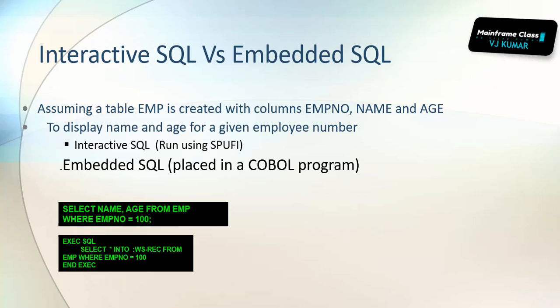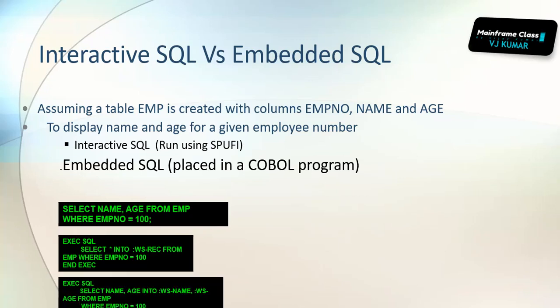WS-RECORD can be a big structure holding the name and age, or maybe several different fields. If you want exactly the same details, you can say SELECT NAME, AGE INTO :WS-NAME, :WS-AGE FROM EMP WHERE EMPLOYEE NUMBER = 100, right? When we say star, we need to give the complete record.